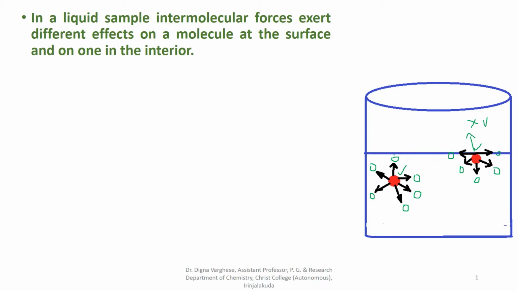So there is an unbalanced, non-uniform distribution of attractive force. That means the molecule at the surface feels the attraction of the bulk only, an inward pull from the molecules present in the bulk.